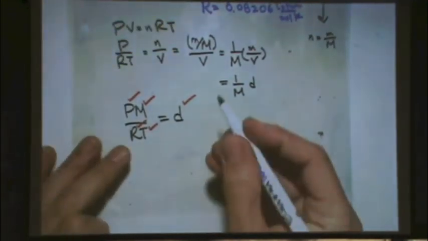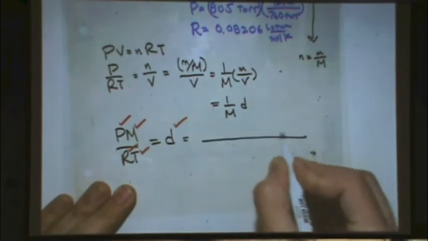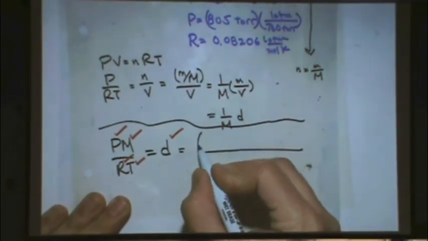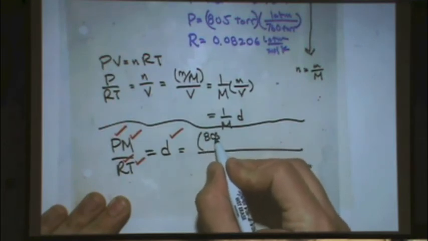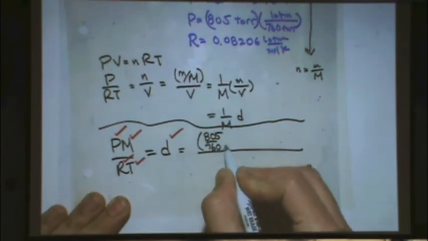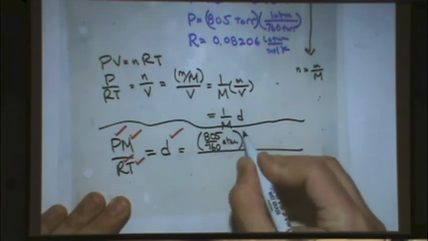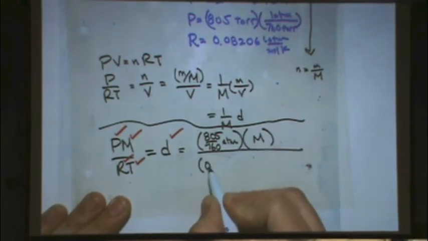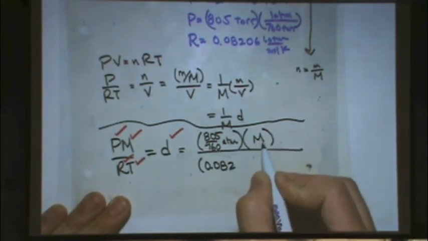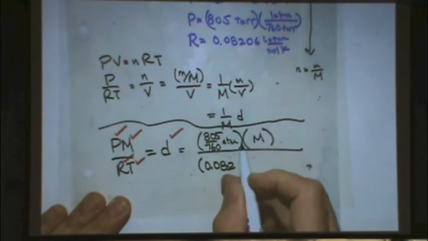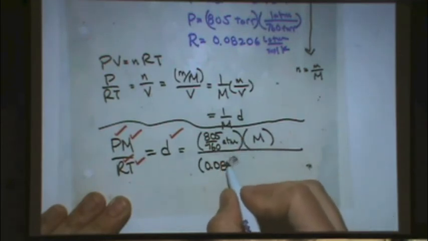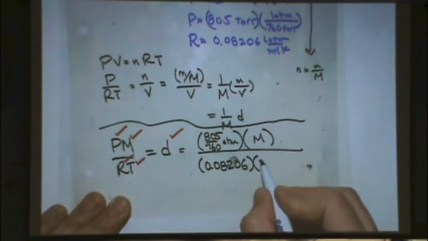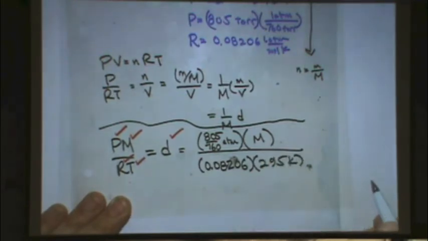So density will equal the pressure, which is going to be 805 divided by 760 atmospheres, times the molar mass, which you need to calculate from the periodic table, divided by R, 0.08206, and then temperature, which is going to be 295 Kelvin from up above.